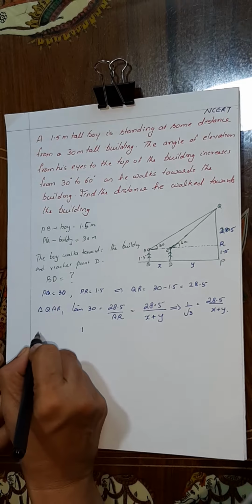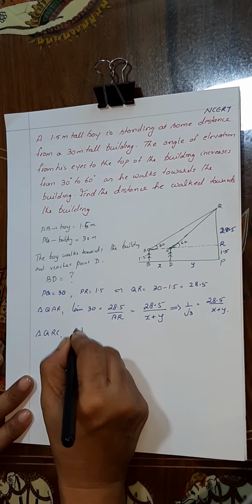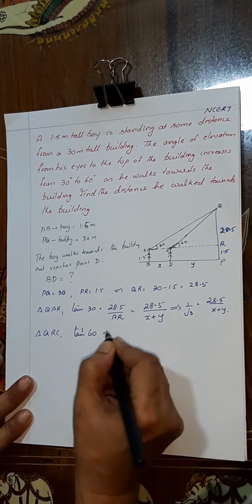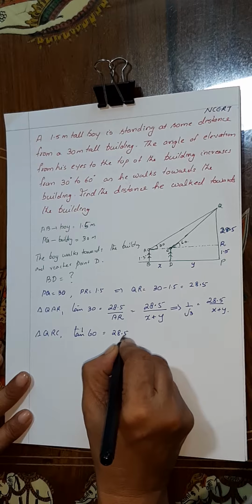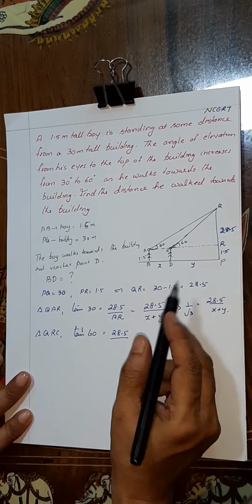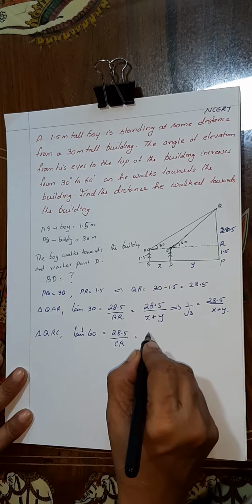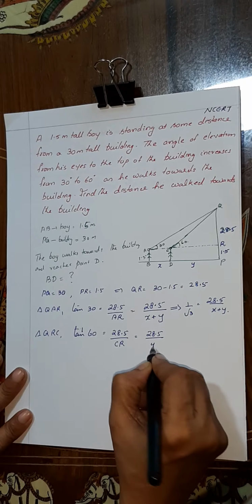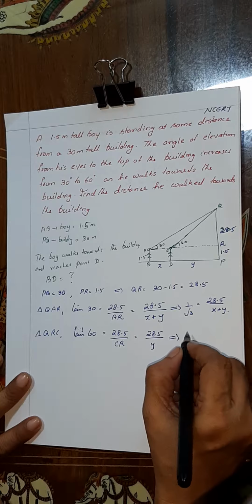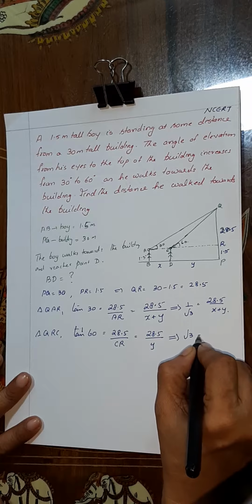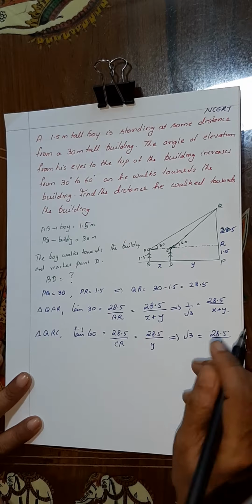Now in triangle QRC, tan 60 is equal to 28.5 divided by CR. So that is equal to 28.5 divided by y. Tan 60 is root 3 is equal to 28.5 by y.